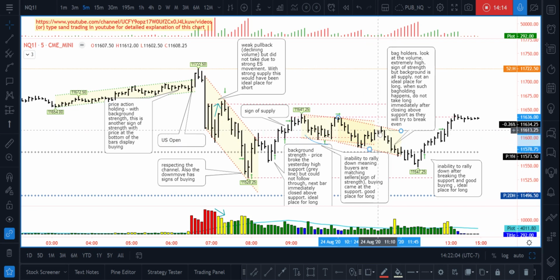Here it almost took 8 bars to go up from a similar length, meaning that there is ease of movement downwards, and the channel is moving downwards. So the background condition is supply. That is why we don't take a long. If you have been using an indicator, a lot of indicators would say take a long here, especially with such a volume, right?